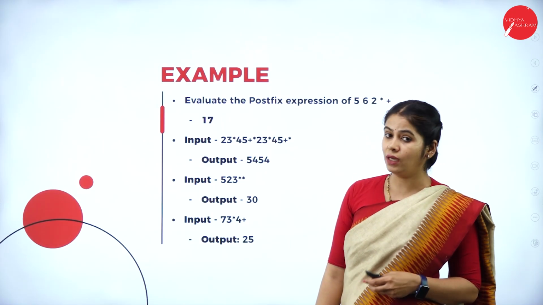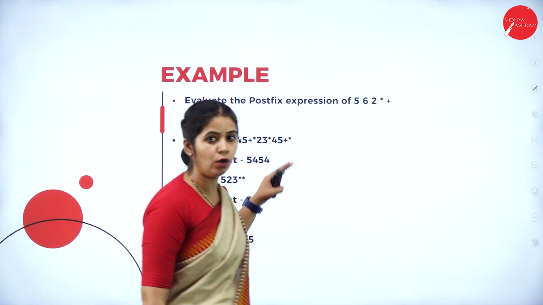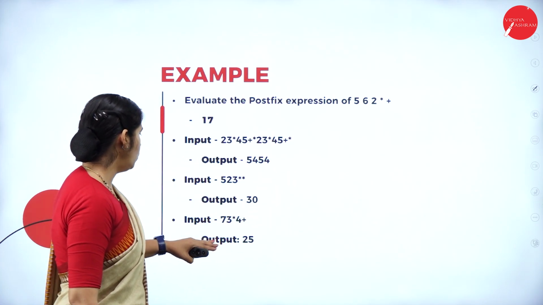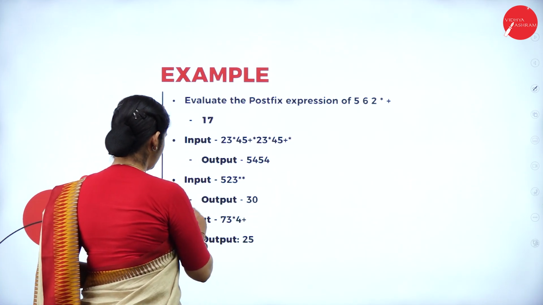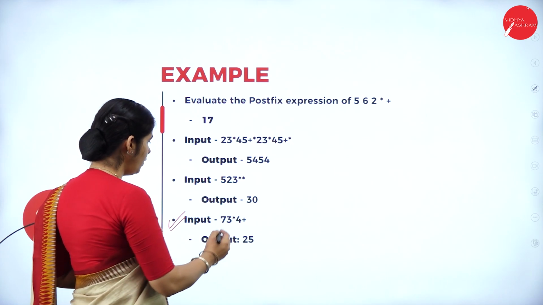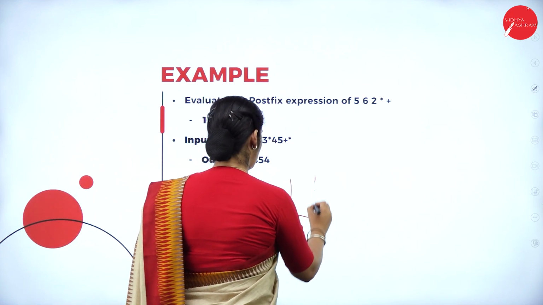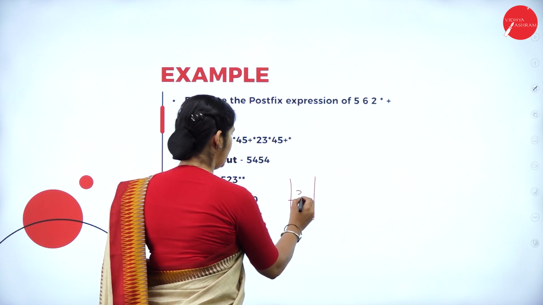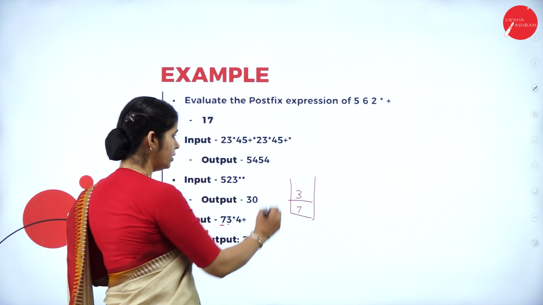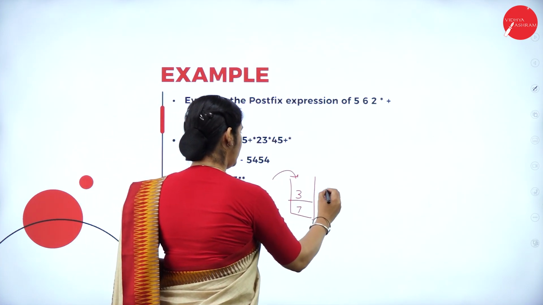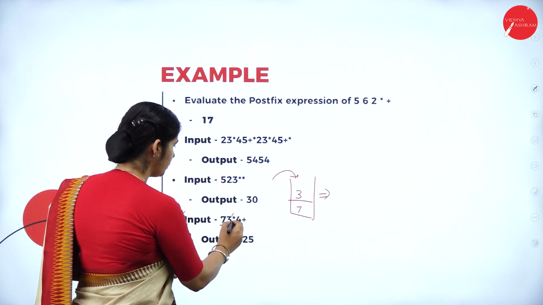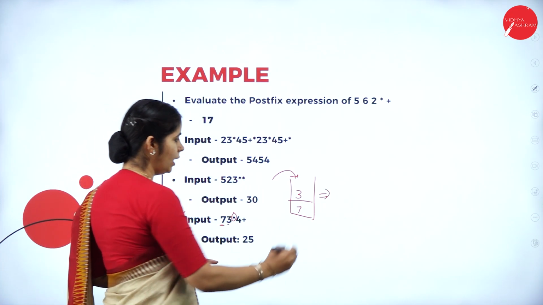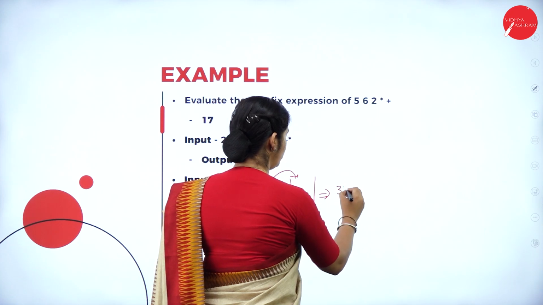So these are some examples. You can work on them. I'll do only one for you, the last one. What we have to do is push the operands 7 and 3 into the stack. Next, moving on, we get multiplication, that is 3 into 7.